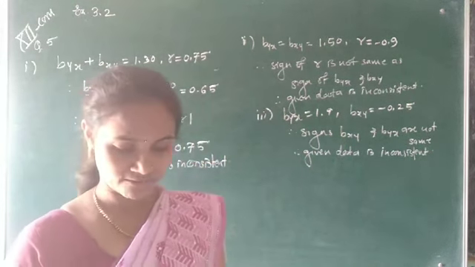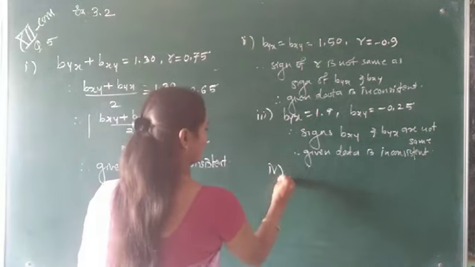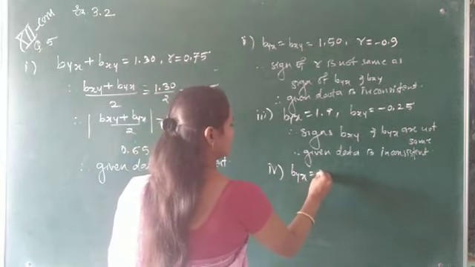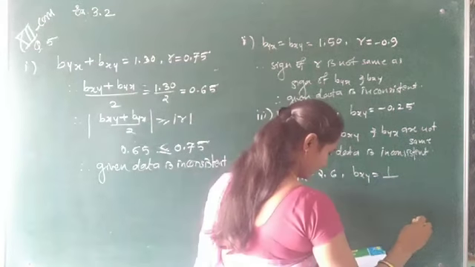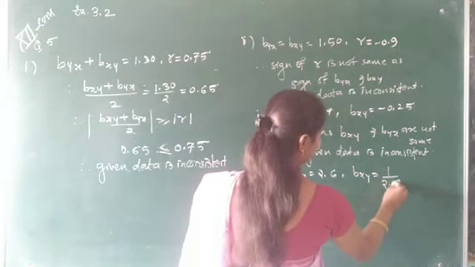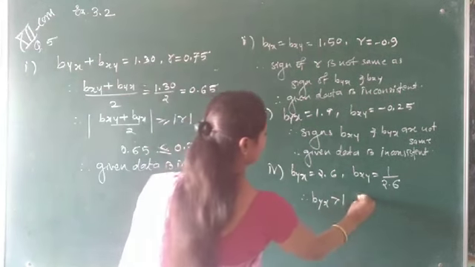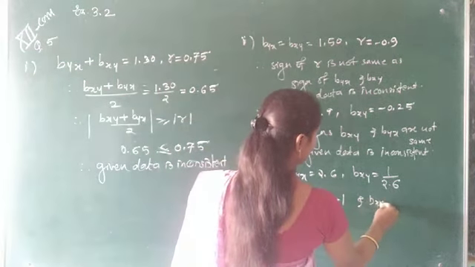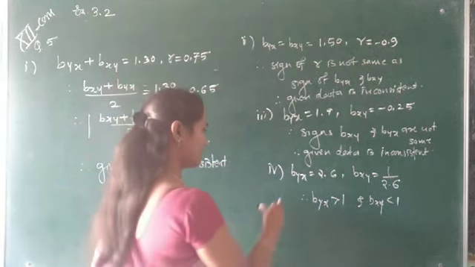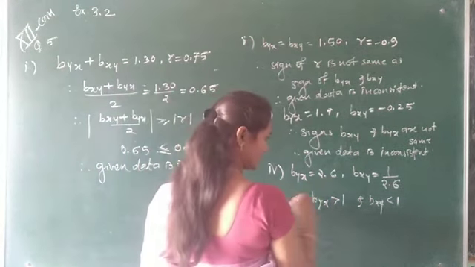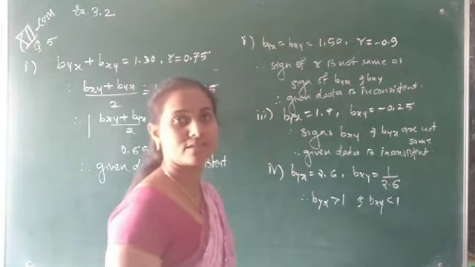Next see question number 4. Byx is 2.6 and bxy is 1 upon 2.6. All of you know that if bxy is greater than 1, then byx is less than 1, and then the data is consistent. Here the value of byx is 2.6 and the value of bxy is 1 upon 2.6, that is 0 point something.